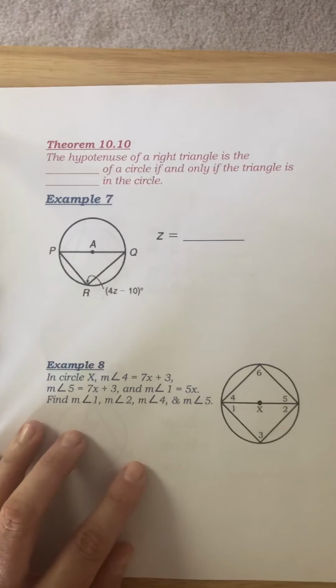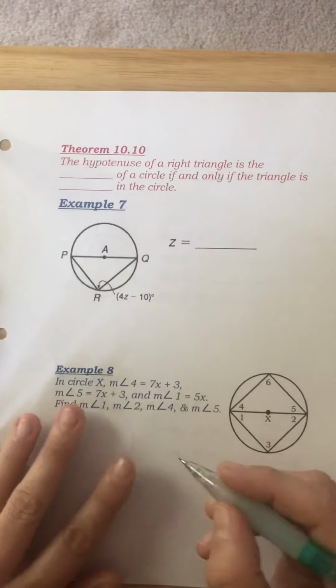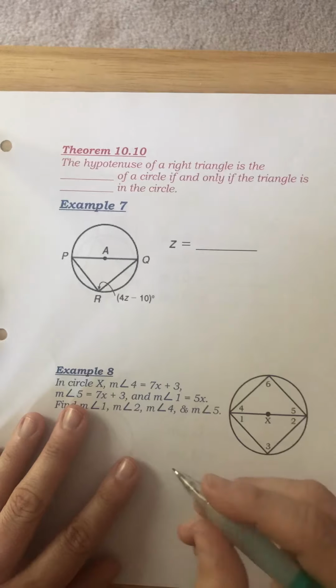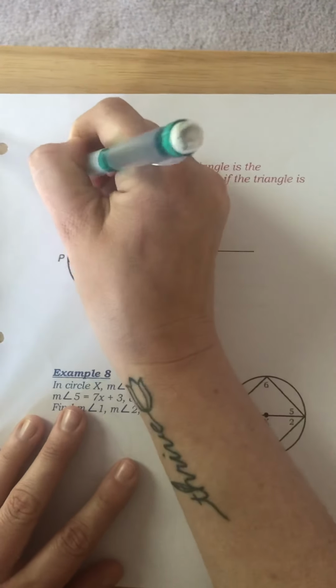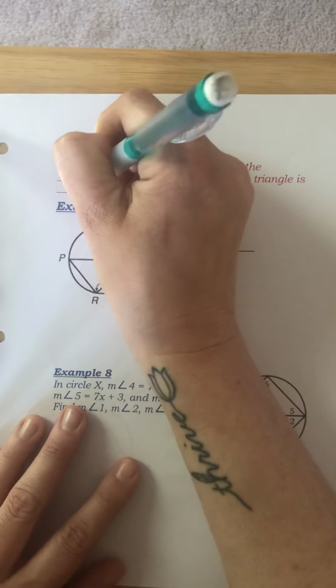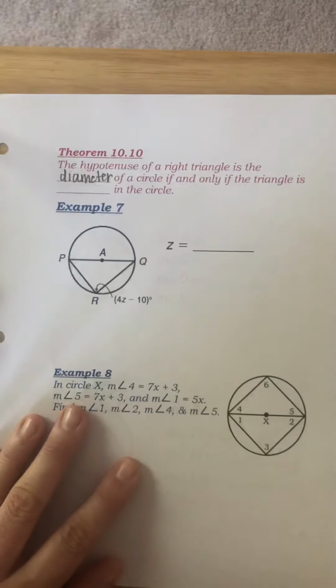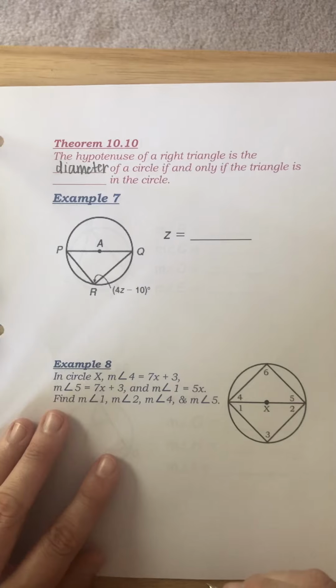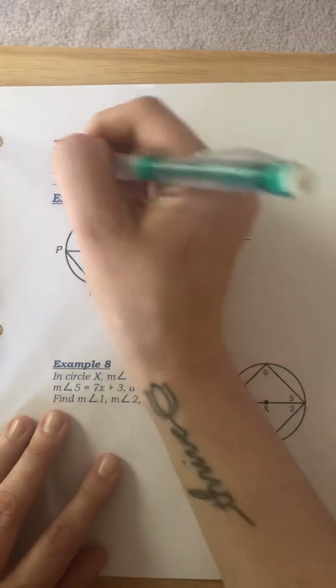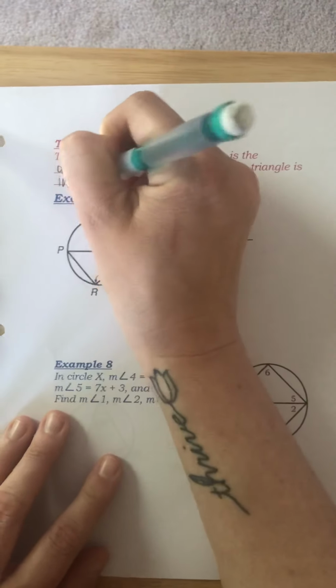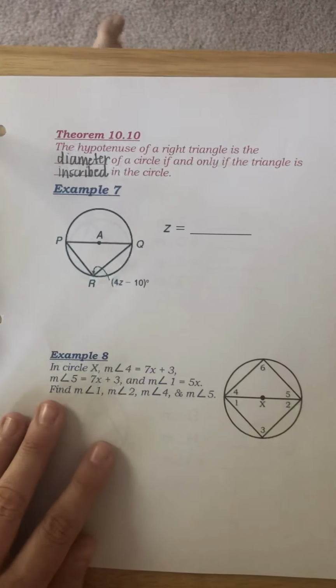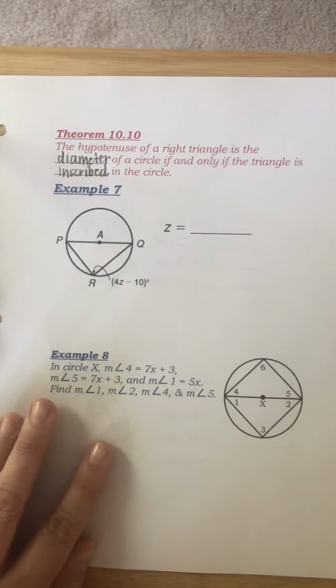All right, we have another theorem. This says the hypotenuse of a right triangle is the diameter of a circle if and only if the triangle is inscribed in the circle. Remember we learned about shapes being inscribed.